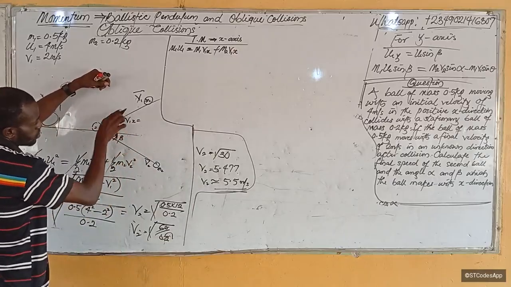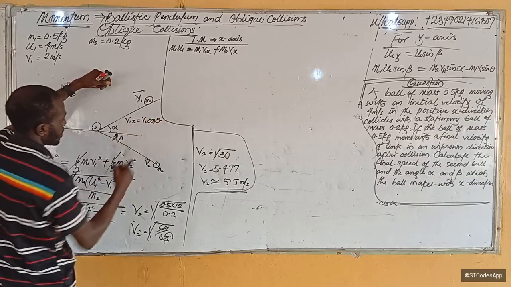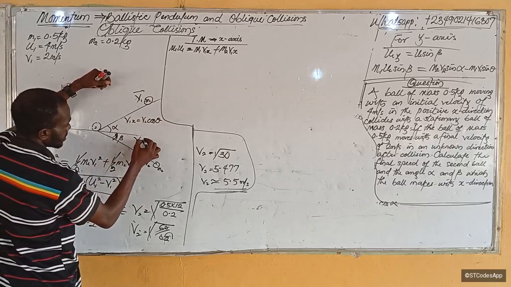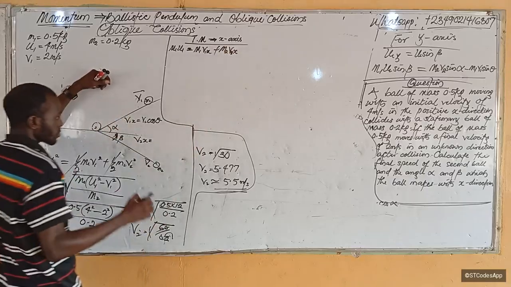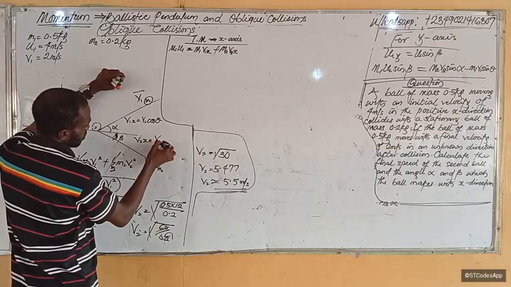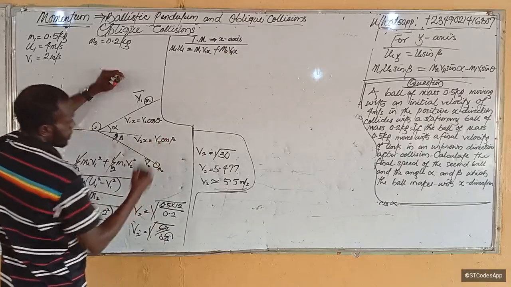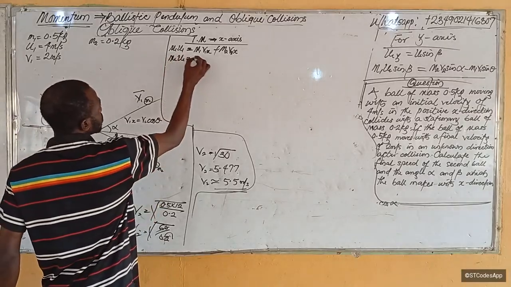We close this angle to resolve to x. So that will be v1 cos alpha. While v2x will become what? We close this angle to the right. That will be v2 cos beta. Is this clear? So from here we can say that m1u1 is equal to what?